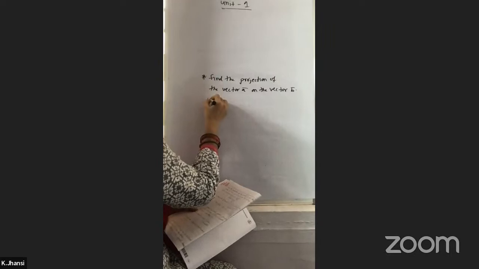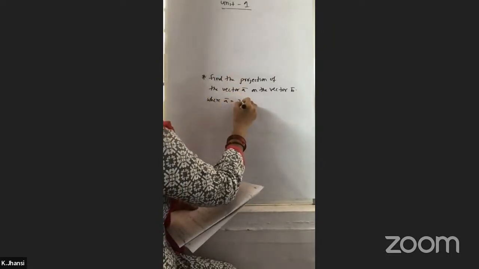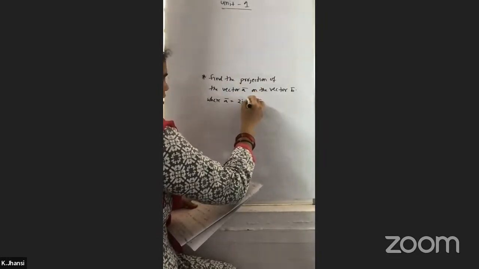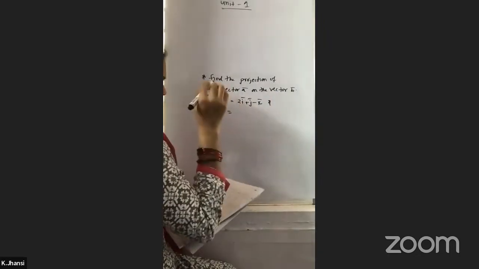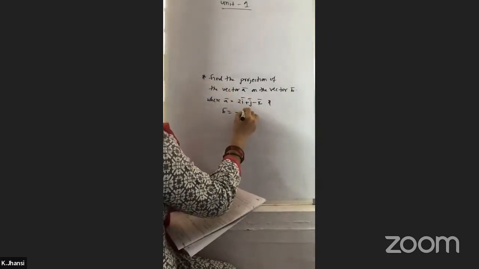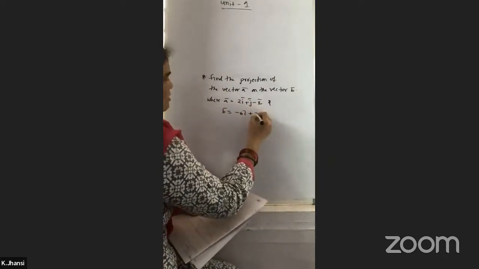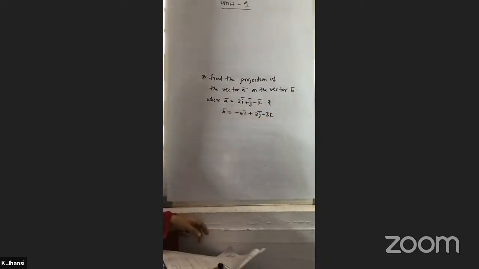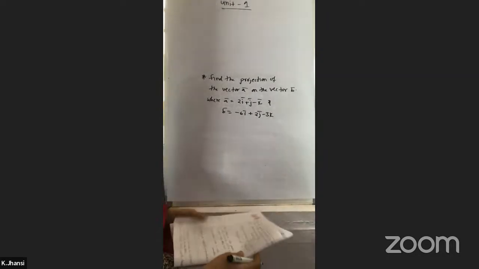Where vector A is equal to 2i plus j minus k, and B is equal to minus 6i plus 2j minus 3k. These are the two vectors, and we need the formula for finding the projection of a vector.